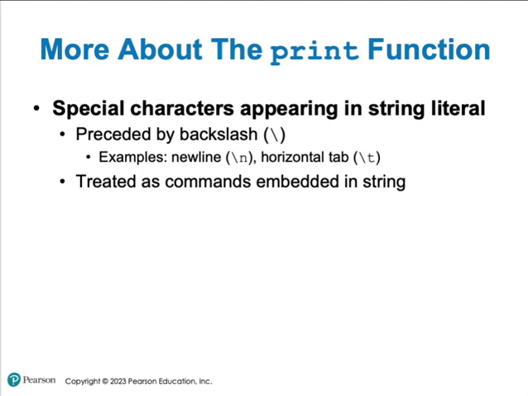There are a whole bunch of characters that you can use by putting a backslash in front of some other character to signify, like they're doing here, a new line or a horizontal tab. These are processed by Python, and then whatever you specified is placed at that location in the output.